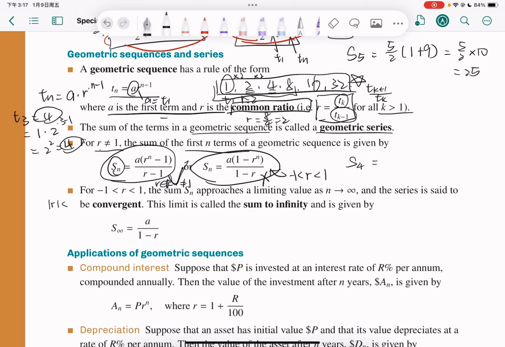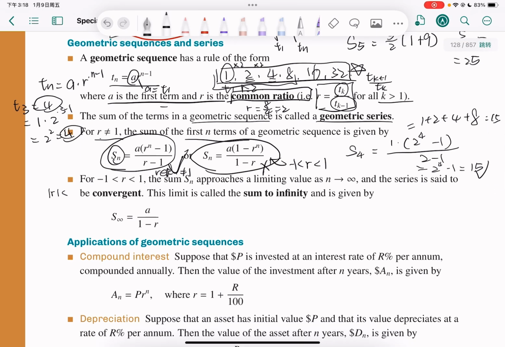A is 1, R is 2, so it's 1 times 2 to the power of 4 minus 1, over R minus 1, which is 2 minus 1, so the answer is 15. And it should be equal to 1 plus 2 plus 4 plus 8, which equals 15. So that's correct.